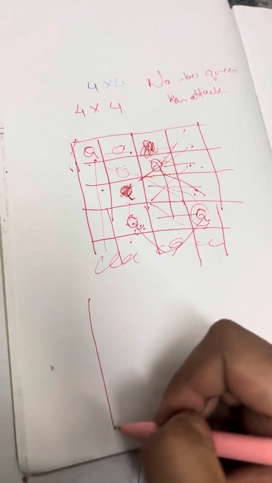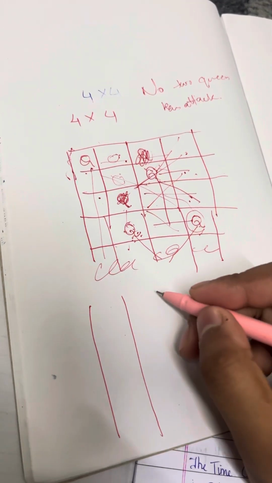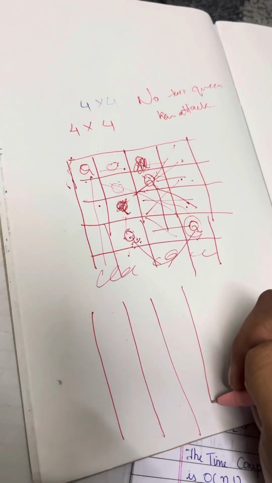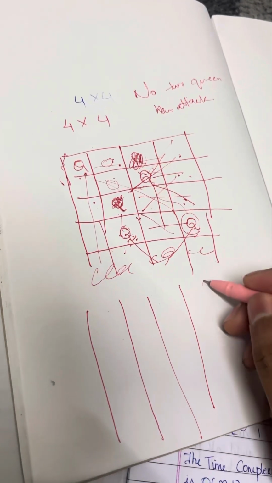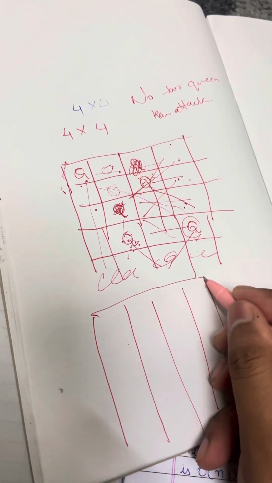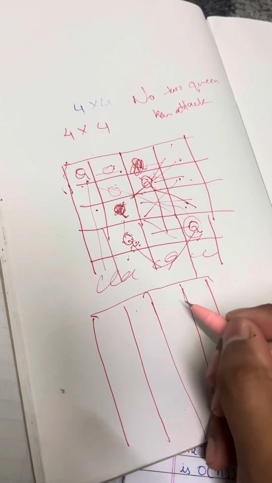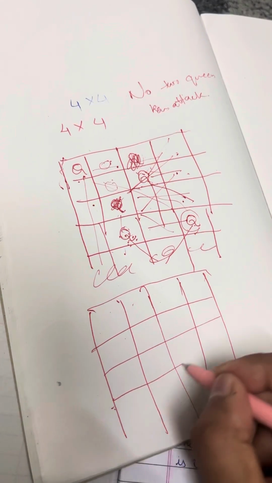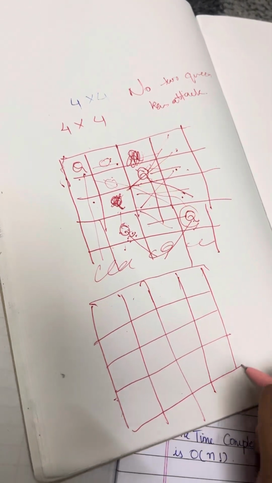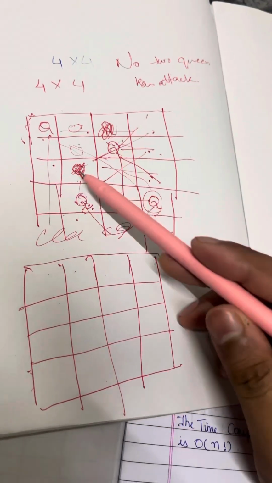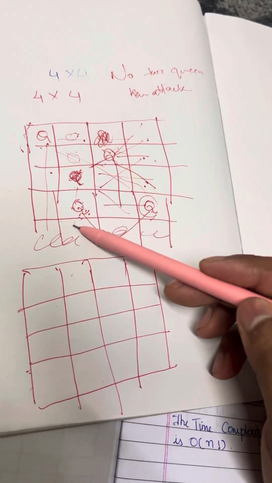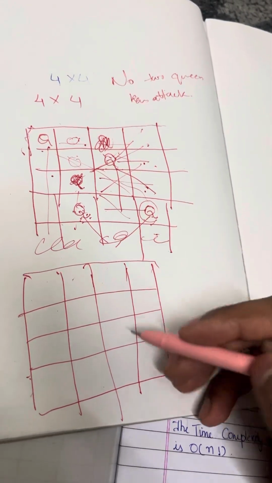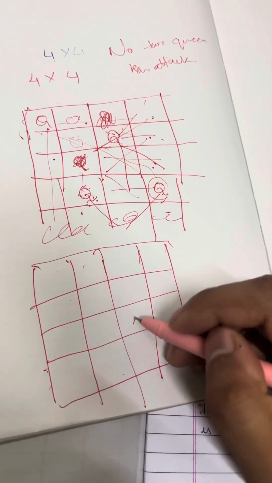Now let me draw it more clearly. That is 1 2 3 4 5. So you all know we have already placed the queen over here. This queen is not satisfying, so backtrack.